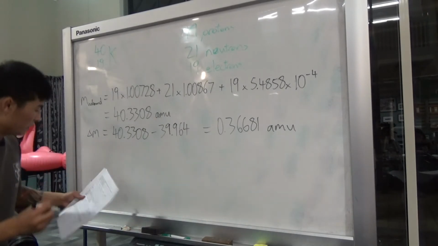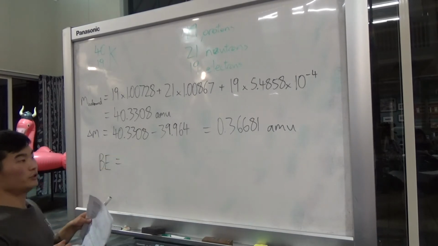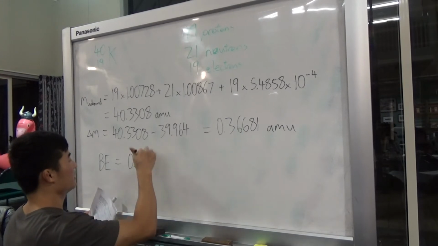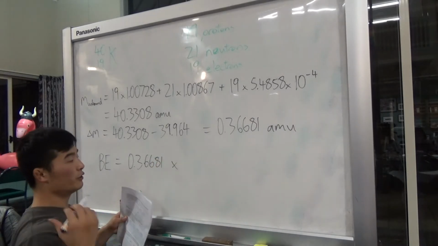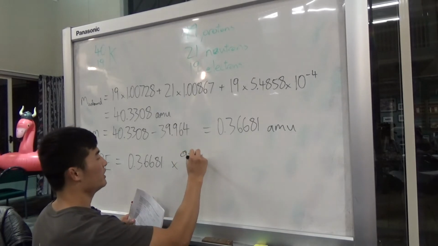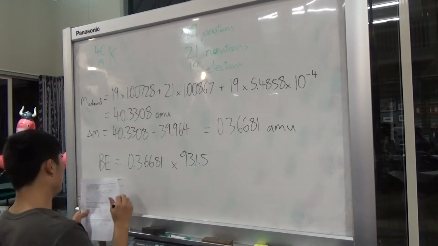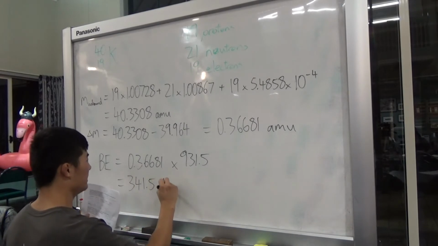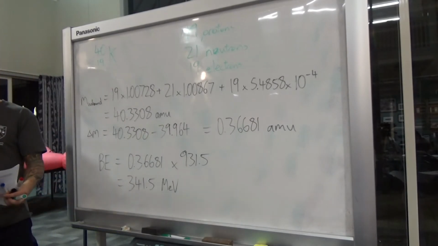Okay, so our binding energy is equal to the mass difference in atomic mass units, 0.3681, times, so we want to turn that into mega electron volts, 931.5, and that will be 341.5 mega electron volts. So that's the total binding energy, but that's not what we want here.